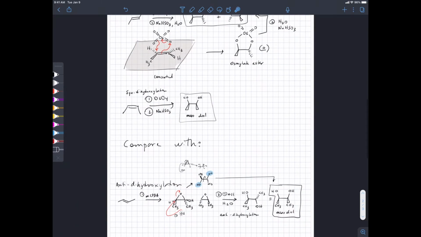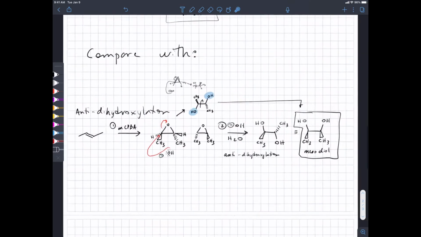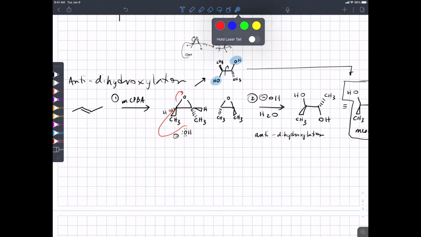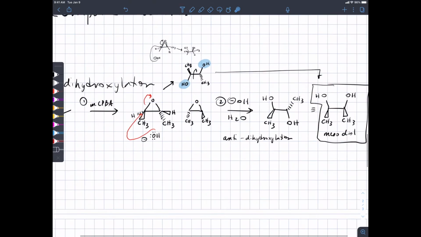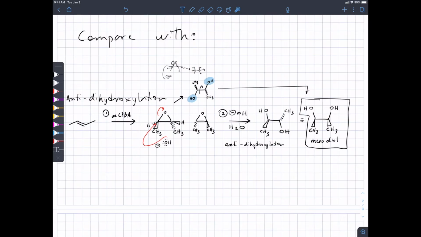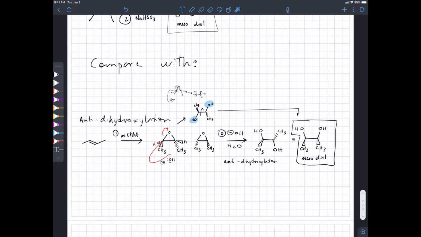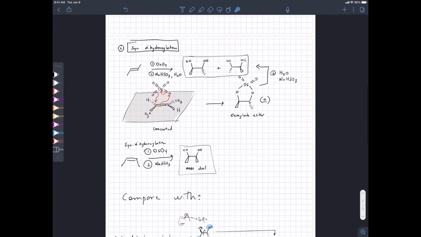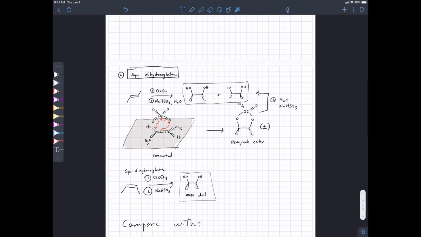And then anti-dihydroxylation reverses the stereochemistry. It adds an OH group to one side of the alkene and then another to the opposite side. Yeah. That's difficult, and there's sort of a lot going on there.